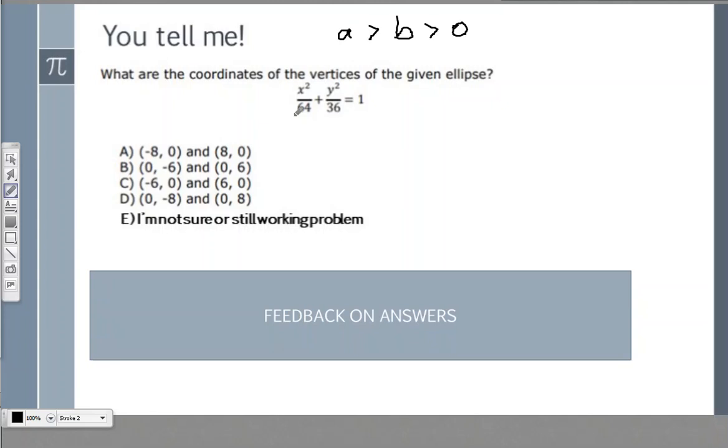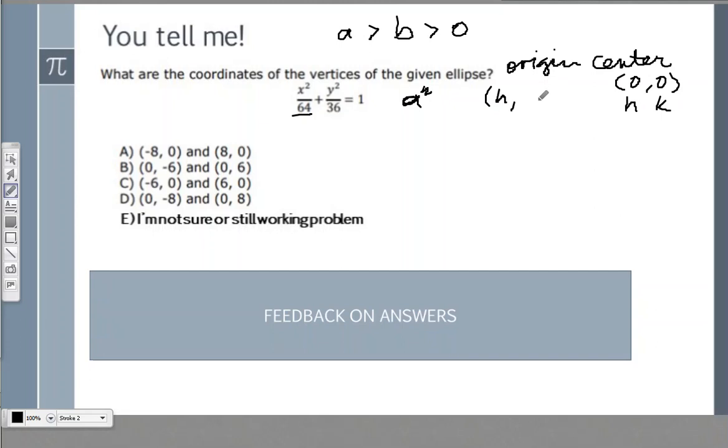My vertices are going to be my K value. Well, I already know that the origin is the center. So there's my H and K value, H and K. So my vertices is going to be H and then K plus or minus A, not A squared, but my A squared equals 64.